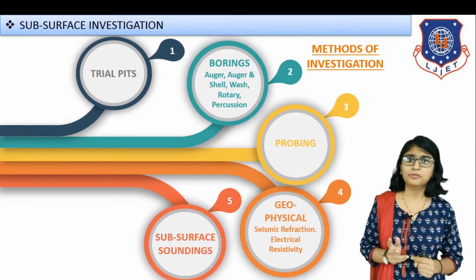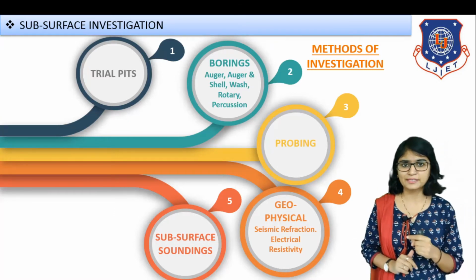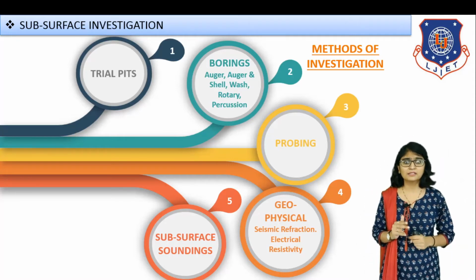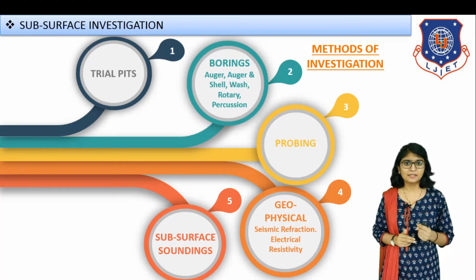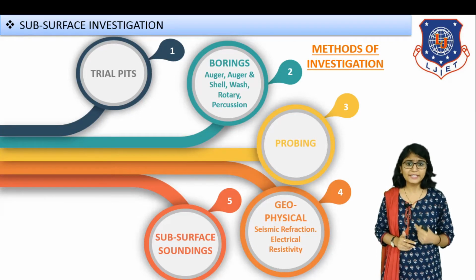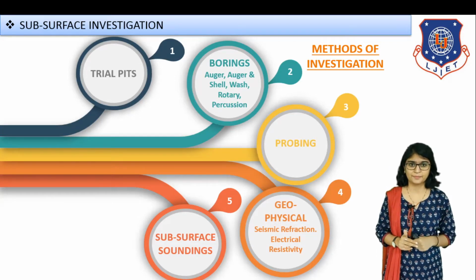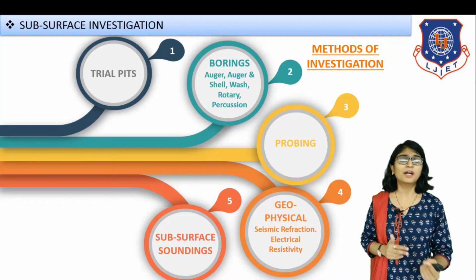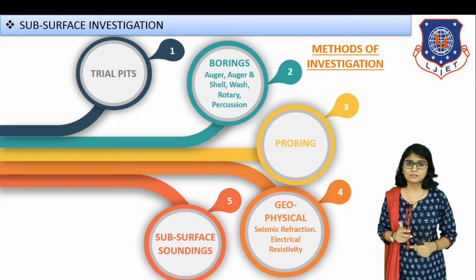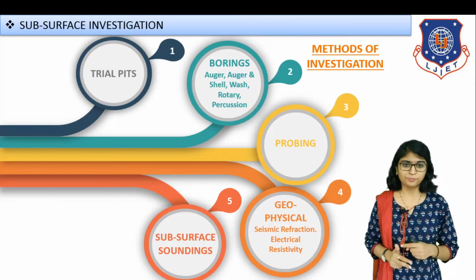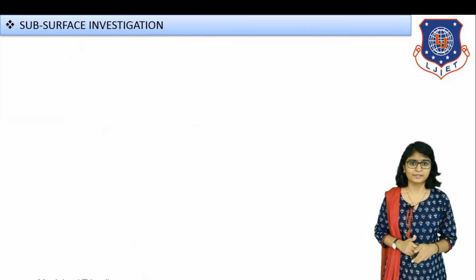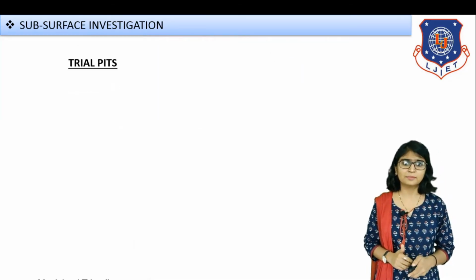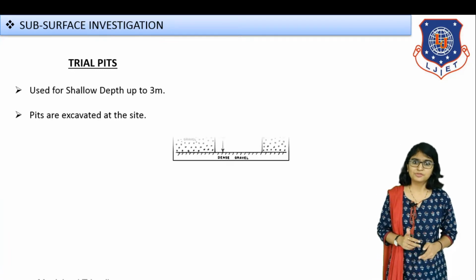And the fifth type is your subsurface soundings, that is the standard penetration test, SPT. Apart from these, you also have magnetic methods and electrical methods, but right now we are covering these methods. So let us discuss the first one, trial pits.